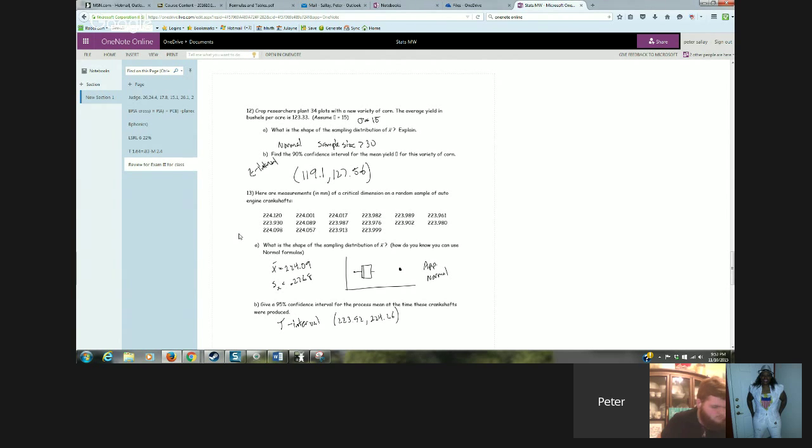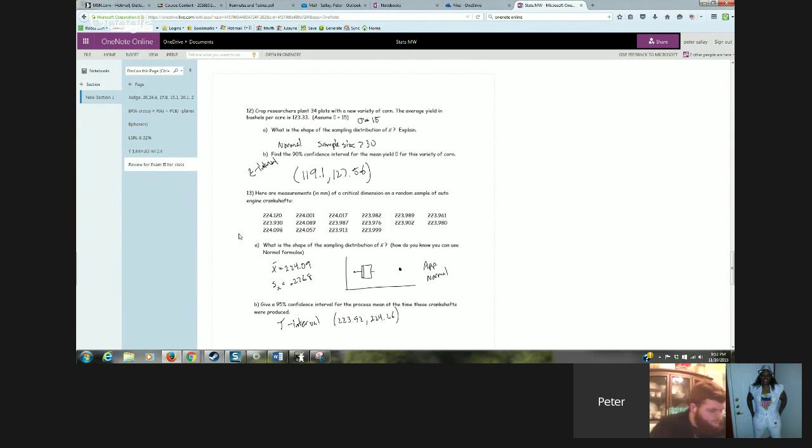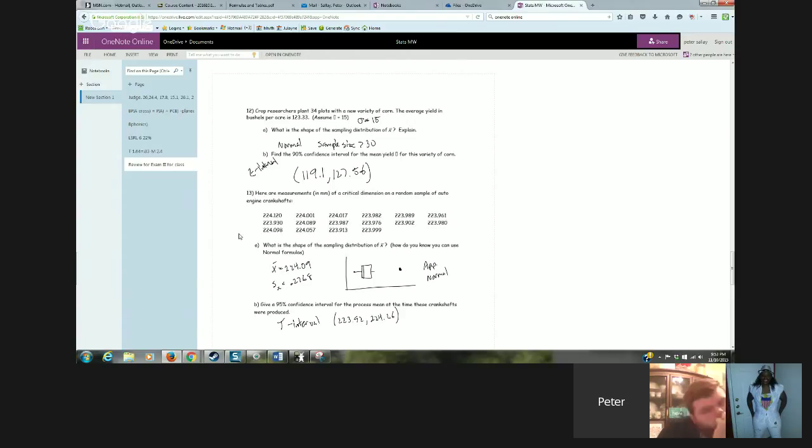So if you're dealing with a sample mean, and I ask you, is the distribution normal? That's where you want to kick in the sample size greater than 30 rule. So either greater than 30, or you show me some box plot that looks approximately symmetrical.